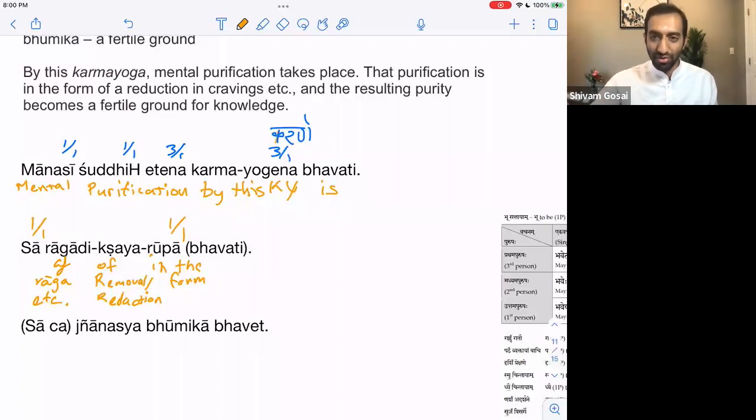It means removing raga, and etc. What does etc. cover? Dvesha, and viparyaya, opposite conclusions. So in the form of removal of raga, etc. That is what purification is.